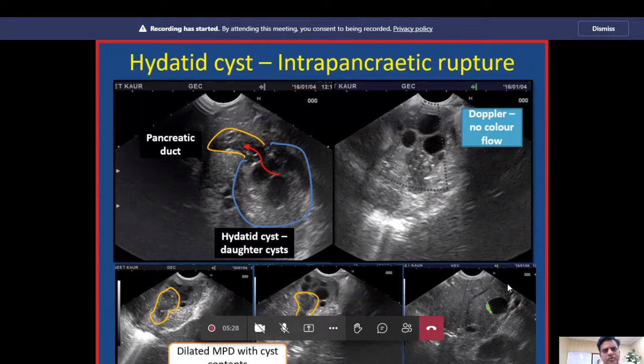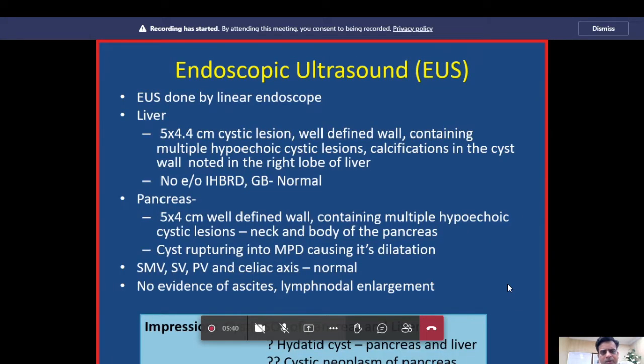We could demonstrate communication between the pancreatic cyst and the main pancreatic duct, which suggests fistulization. After the endoscopic ultrasound, we thought it most likely to be a pancreatic cystic lesion communicating with the main pancreatic duct, and we could demonstrate this communication on EUS.